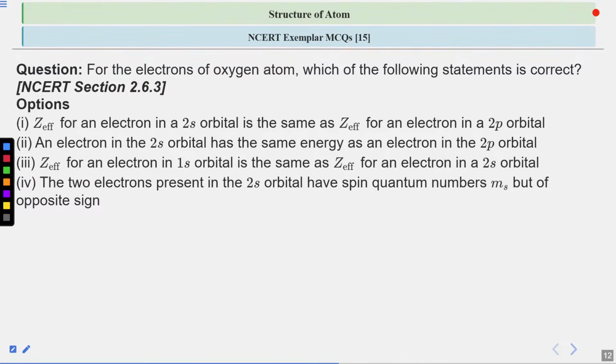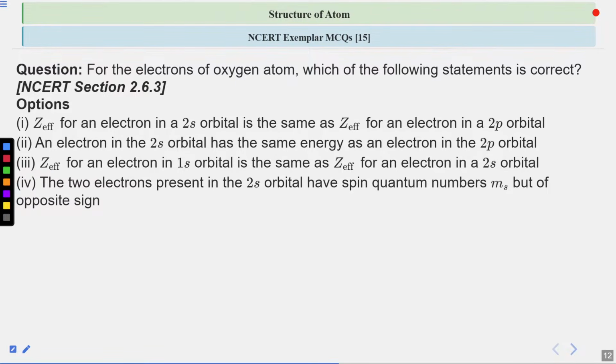Next question: for the electrons of an oxygen atom, which of the following statements is correct? Your options are: A, Z effective for an electron in a 2s orbital is the same as the Z effective for an electron in a 2p orbital. Second, an electron in the 2s orbital has the same energy as an electron in the 2p orbital.